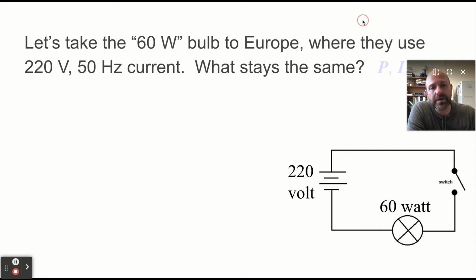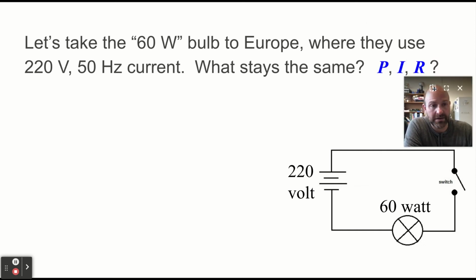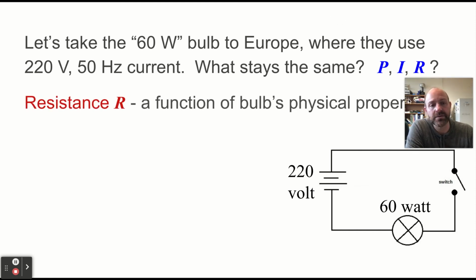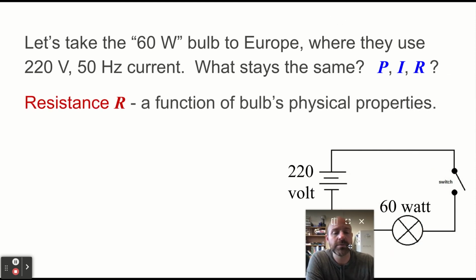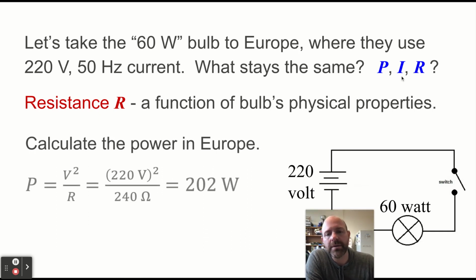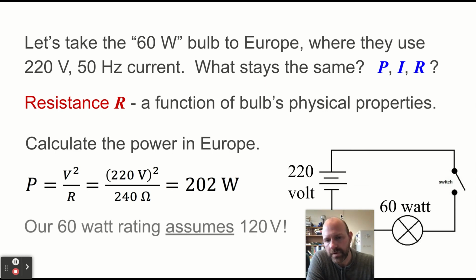What stays the same? Well, the only thing that really stays the same here is not necessarily the current or the power, but it is the resistance, because that depends on the physical properties of the bulb. It's the same physical bulb. So in Europe, you would calculate the power as V squared over R, 202 watts. So the 60-watt bulb on a 120 volt circuit will give you 202 watts on a 220 volt circuit, which is an important distinction.